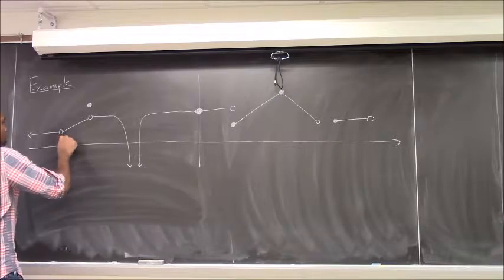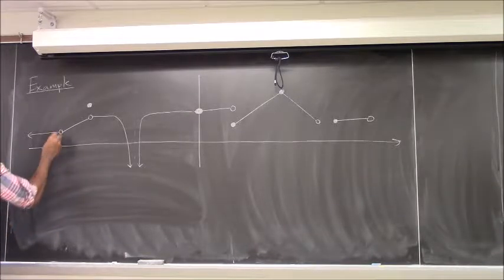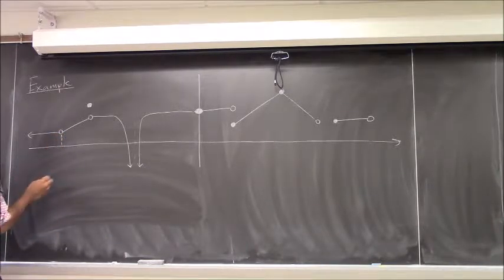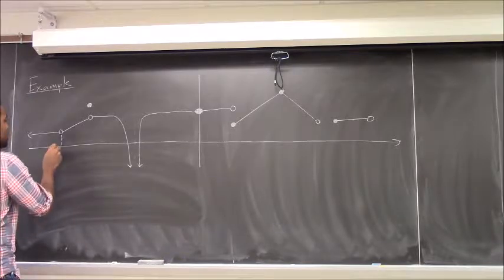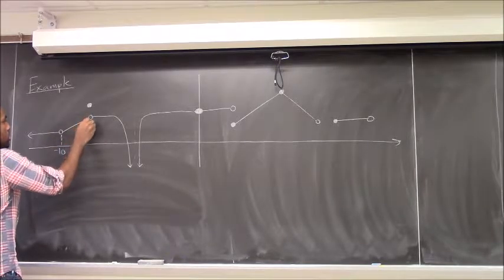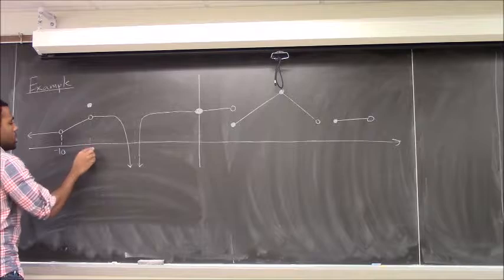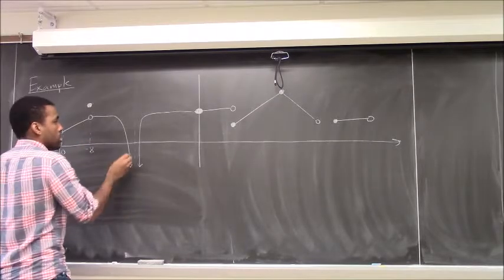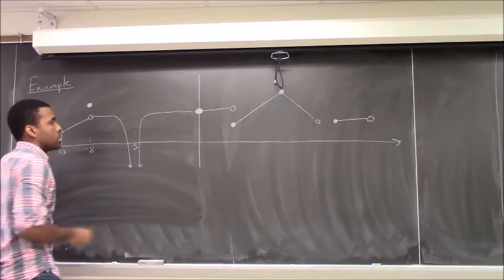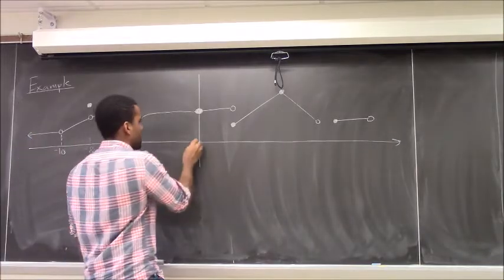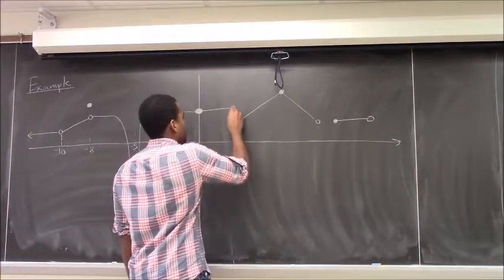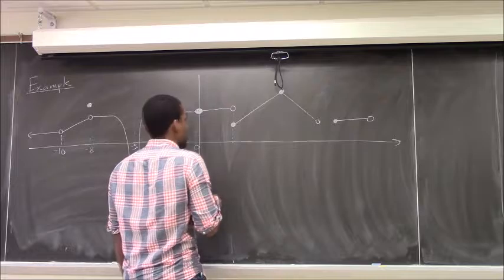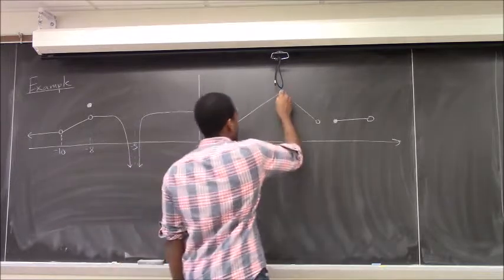The blue is not a part of the graph, it's just so that you can see what the numbers are. This one, 10, minus 8, so minus 5. This is obviously at 0. 2.